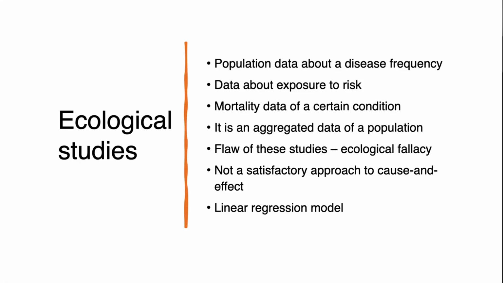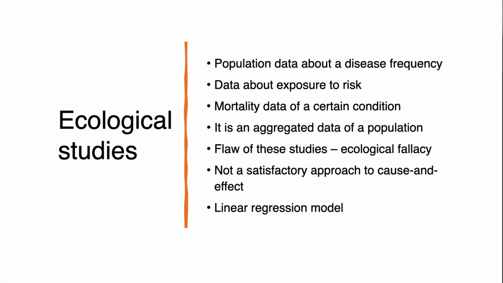These are the beginning standpoints where one can learn whether there is a relationship or not. The best example I can give is global warming and the rise of carbon dioxide. By measuring carbon dioxide serially, we now know that the rise in carbon dioxide levels in the atmosphere is causing global warming. This is achieved by doing ecological studies.